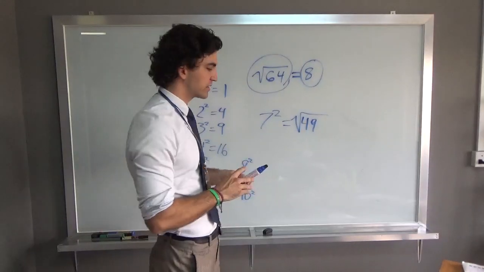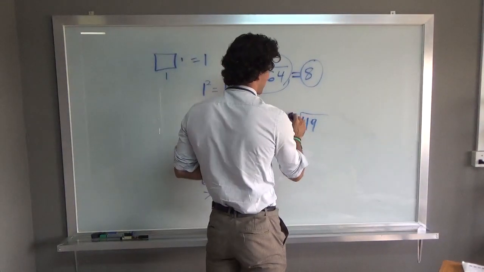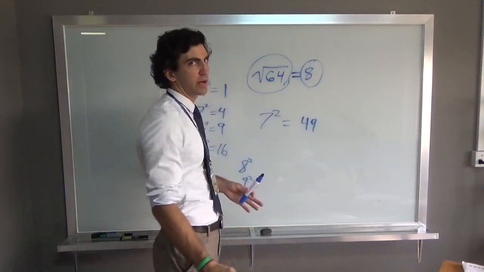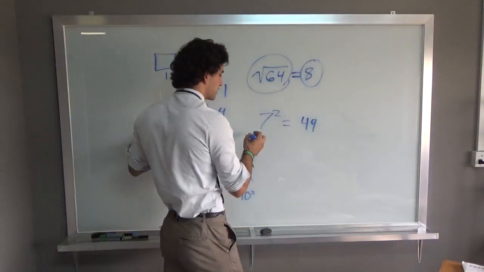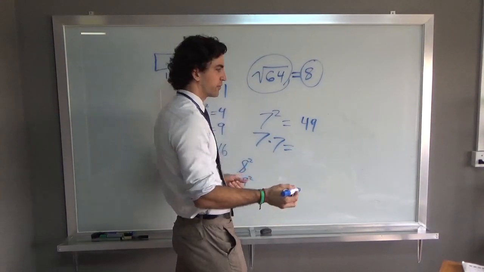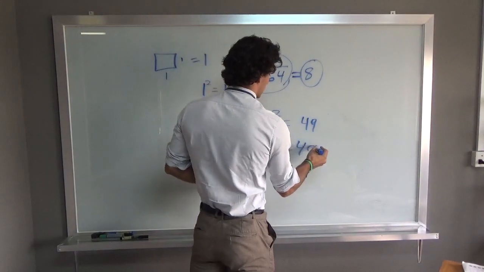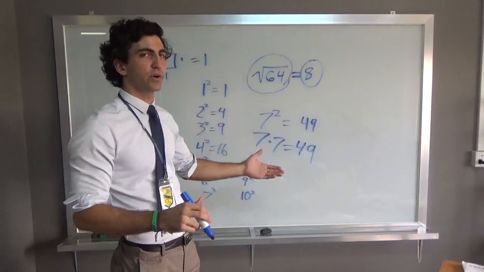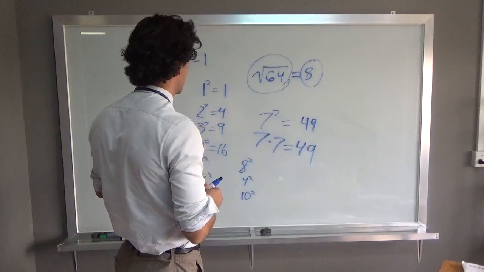But no, please don't put that shape. Please don't put the square root. Just put 49. Because when you do it out, 7 times 7, that is equal to 49. So we don't need to do the square root. We just put 49.